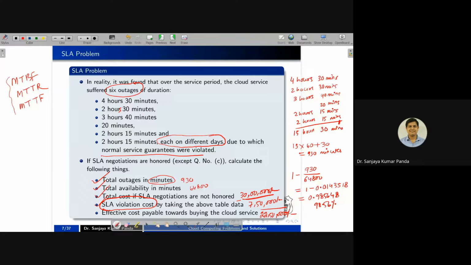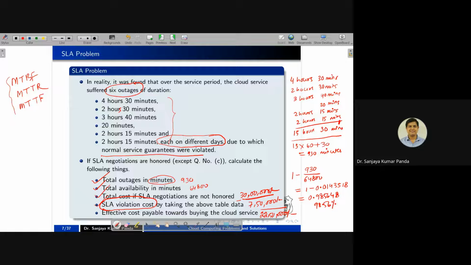Whether it is in a day or in a service period, the calculation is the same. For example, if you sum this, it comes to 15 hours, 30 minutes. If it is 15 hours, 30 minutes down on different days or on the same day, you will get the same calculation, because you are evaluating with respect to 60 days.